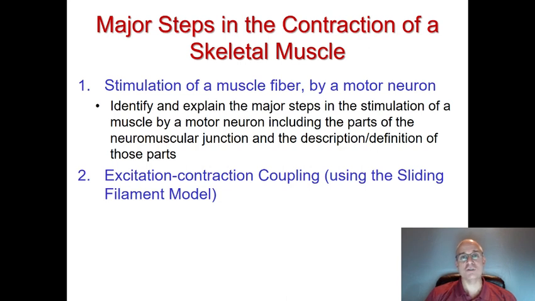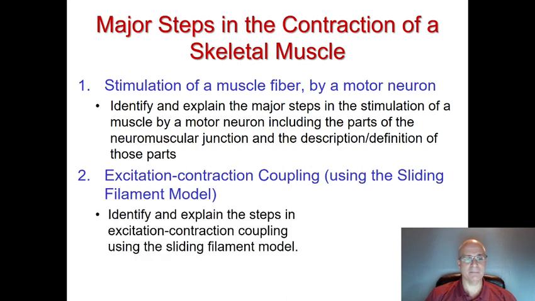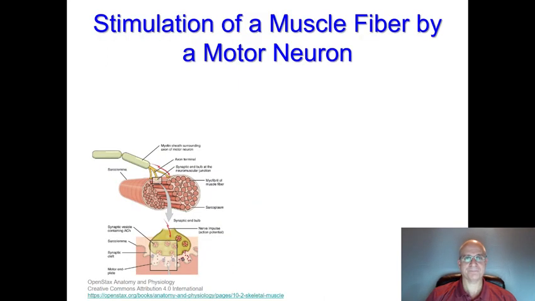For excitation-contraction coupling using the sliding filament model, it might be written like this. Identify and explain the steps in excitation-contraction coupling using the sliding filament model. Okay? And it's the purpose of this video to go over that information with you, so you should be using this in conjunction with the PowerPoint that has been put in Canvas.